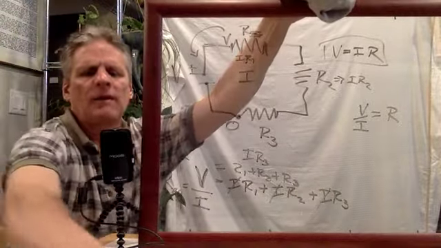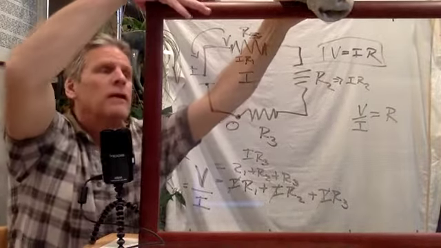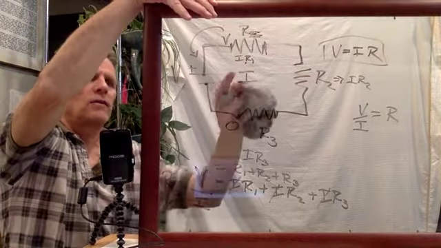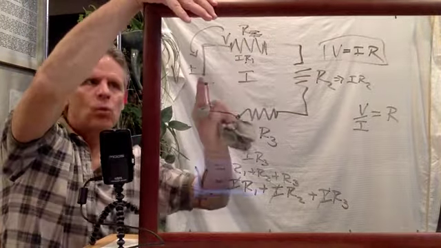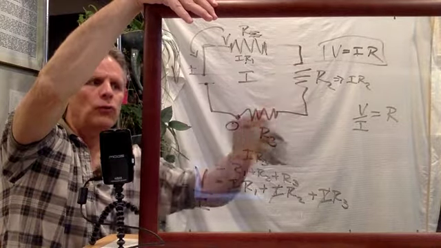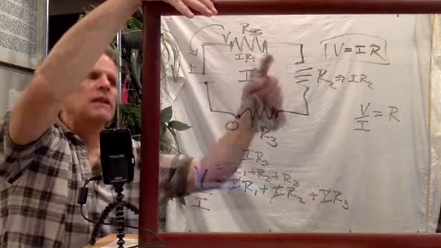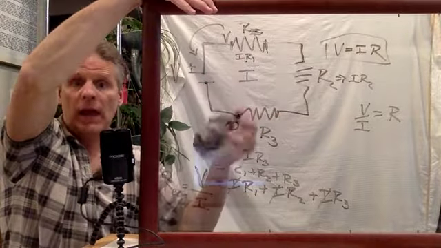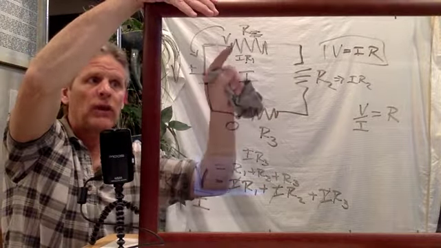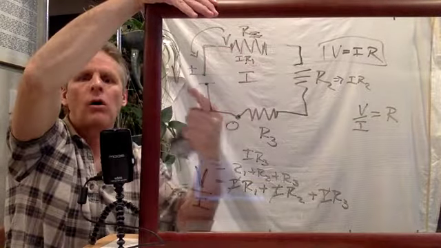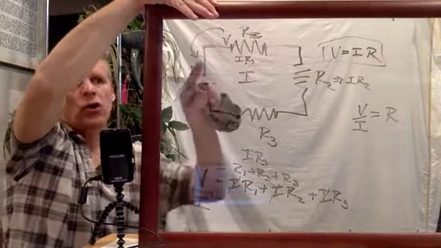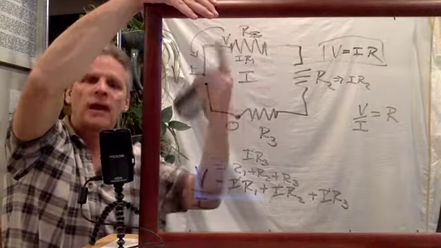Okay, that is enough to start with. Just as a summary, because there is only one path for current to flow, we call this a series. One comes immediately after the other, and any charge that goes through here must go through all of them. So any current that's going through here is the same everywhere.